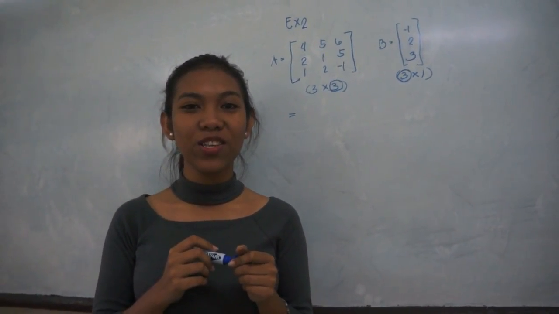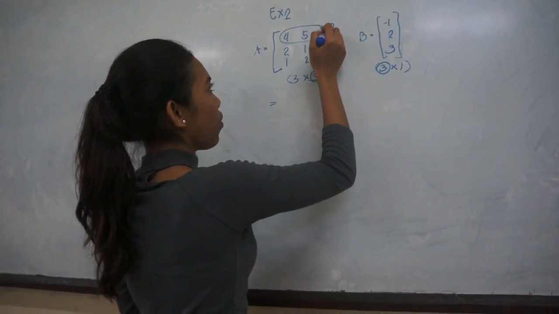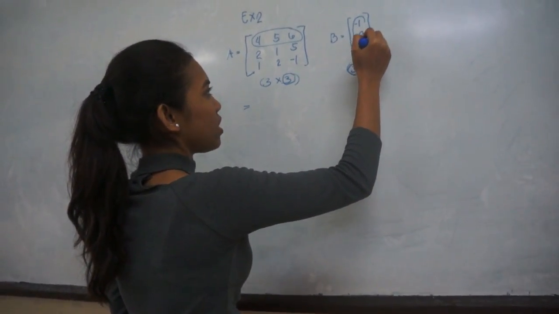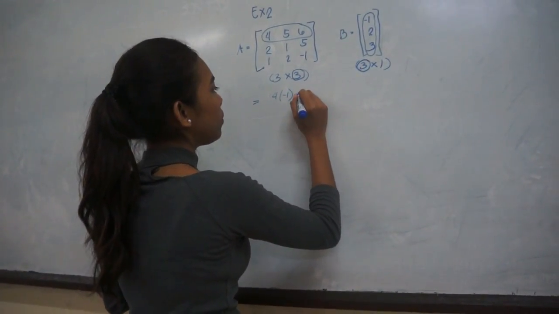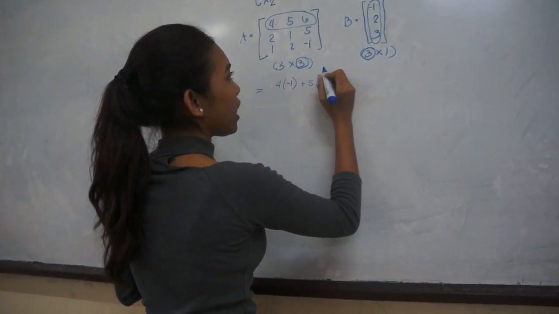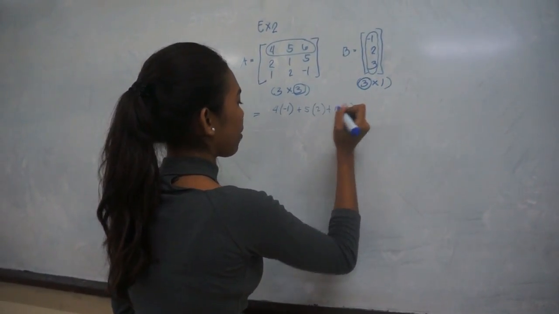Now, we are going to solve these two matrices. This row multiplied to this column. 4 times negative 1 plus 5 times 2 plus 6 times 3.